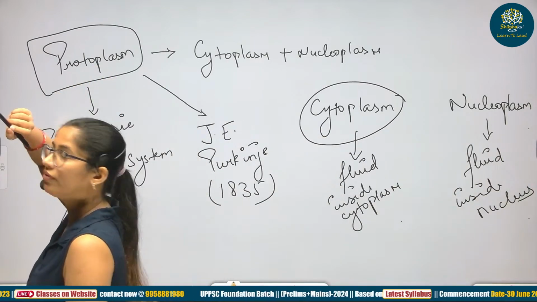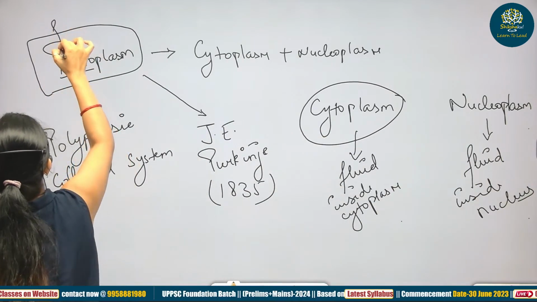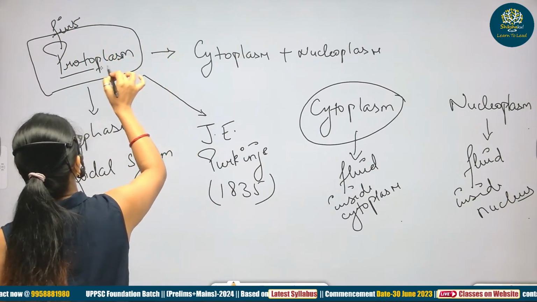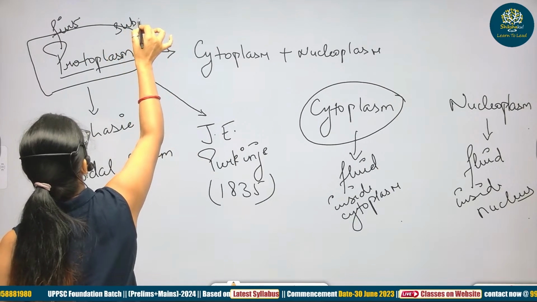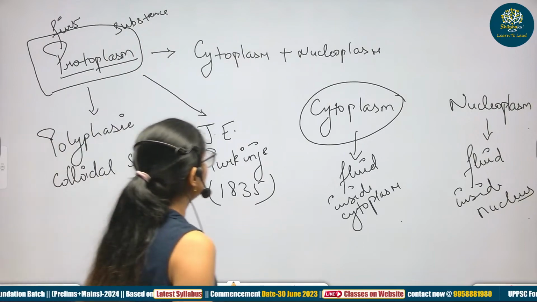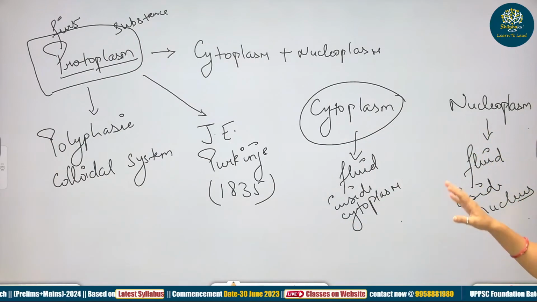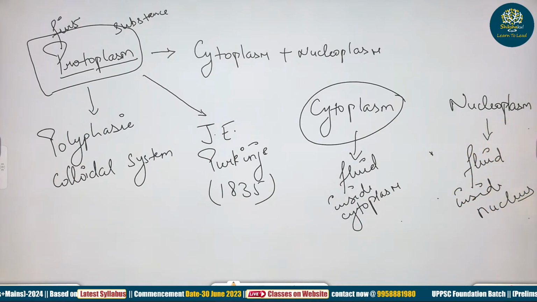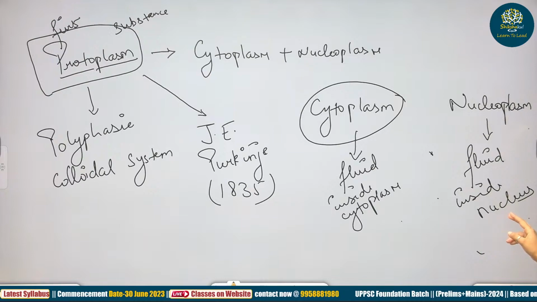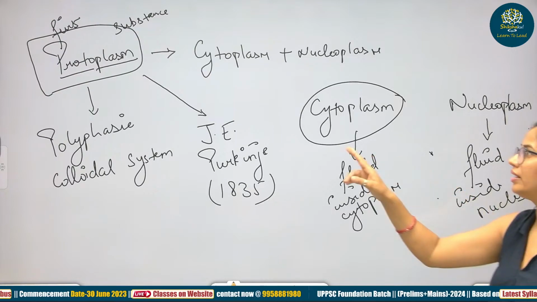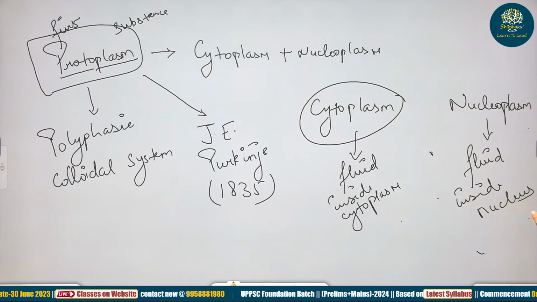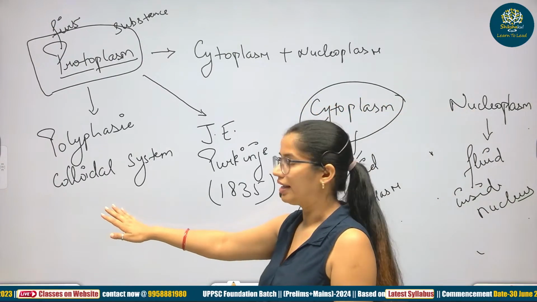In prokaryotic also I have told that pro means first, proto means first, and plasm means substance. Before protoplasm we need to know the two terms, cytoplasm and nucleoplasm. Cytoplasm is the fluid inside the cell, and nucleoplasm is the fluid inside the nucleus. It is a combination of both, and it is basically a polyphasic colloidal system.